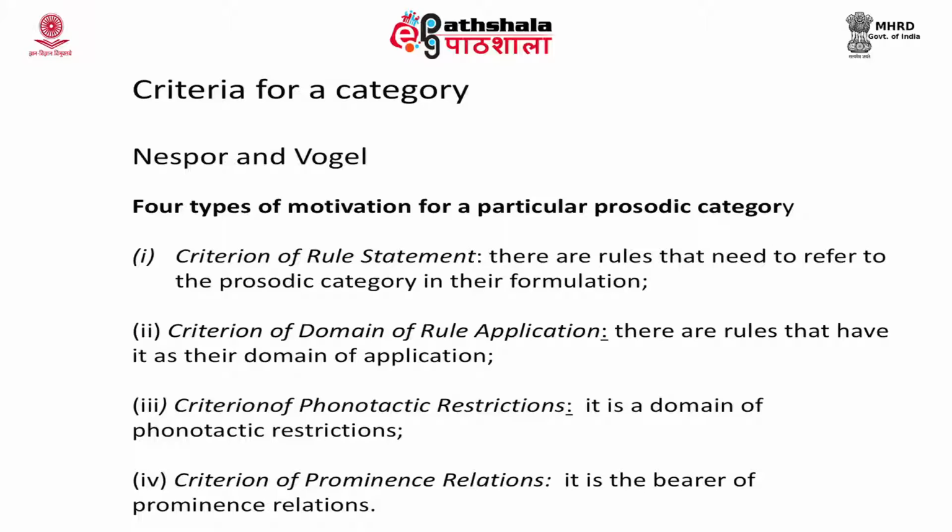So there may be a segmental phenomenon which applies within words and also within a phonological phrase, but not across phonological phrases. So we have to limit the application of the rule to the phonological phrase. That's the use of a phonological category as a rule domain.